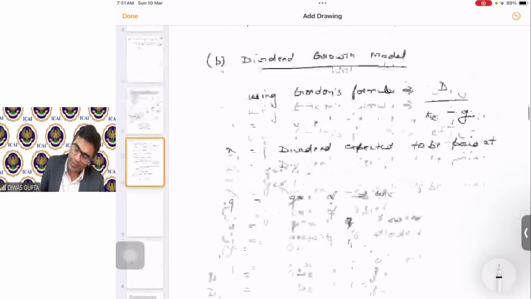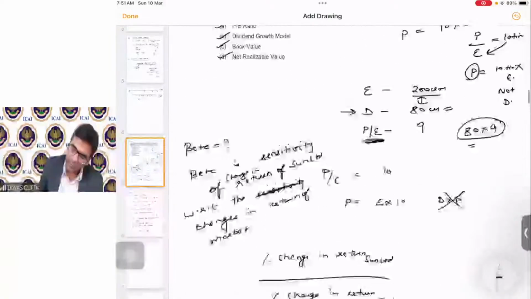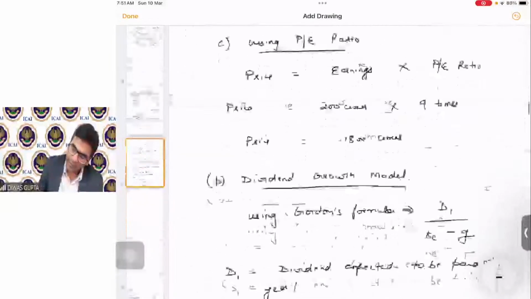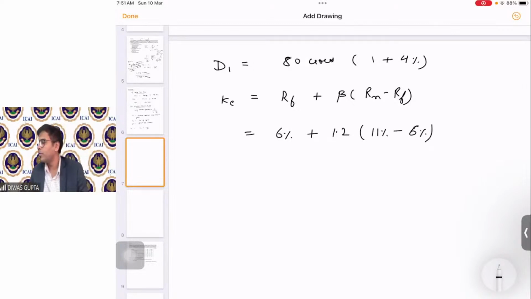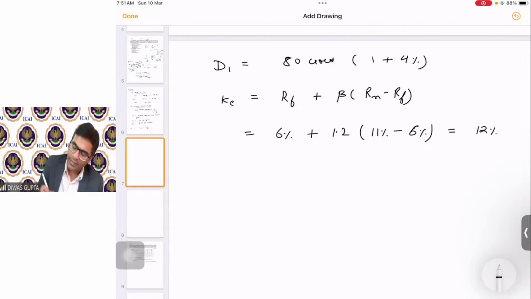So what is the risk-free rate of return, students? 6% plus beta of 1.2. RM is 11% and risk-free rate of return is 6%. So this gives us 12% as KE.